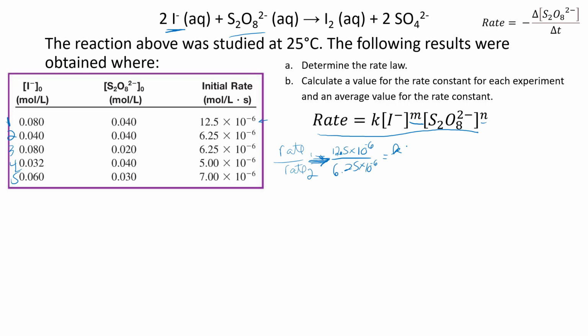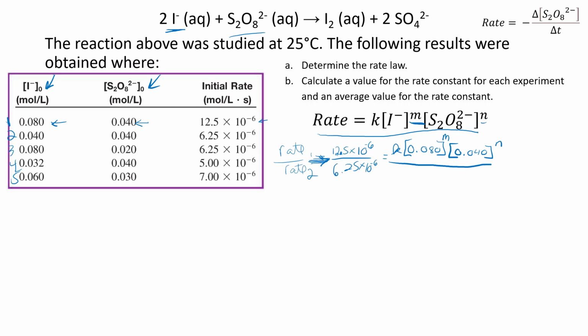So this is K times my concentration of I. I come over to this column, and this is my concentration of I, so in this expression it is 0.080, raised to the m. I don't know what it is yet. It's still unknown. Times the concentration of this, which we get from this column, 0.040 raised to the n. These are all the values that were found in that first experimental row.